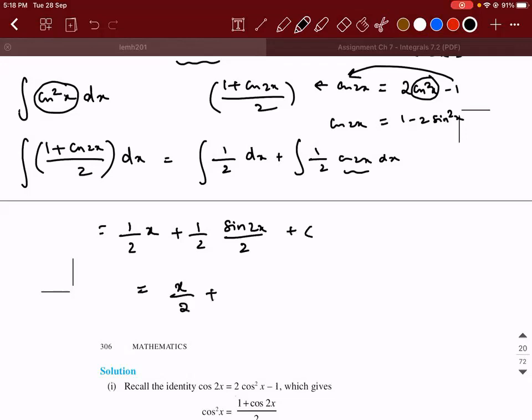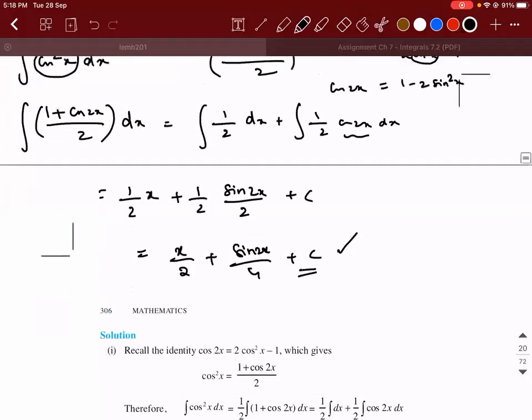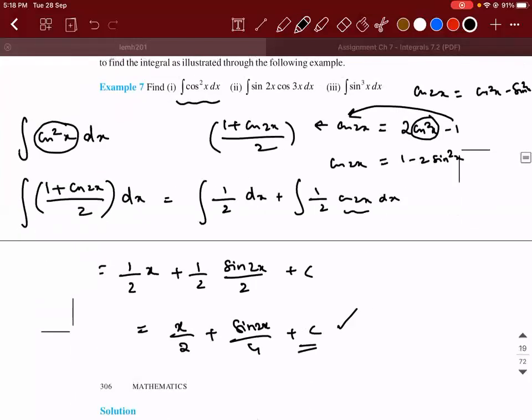So x by 2 plus sine 2x by 4 plus c will give you the required answer. Okay, this is the answer. Next. So please copy it first of all.